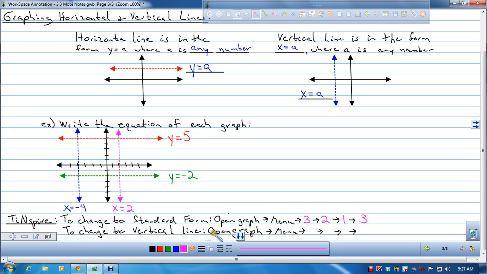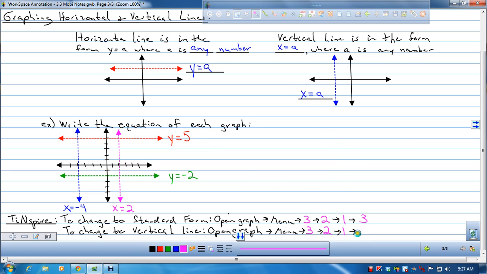Now, if you ever want to graph a vertical line, you go through the same steps. Choose 3, 2, 1, but then remember on that list there was one that said x equals c. That's just a notation difference. We listed it as x equals a up here.